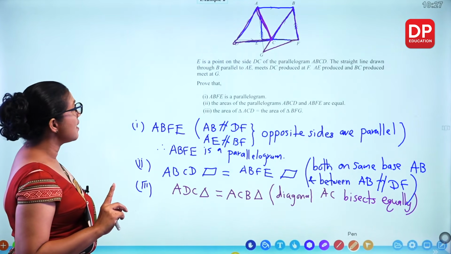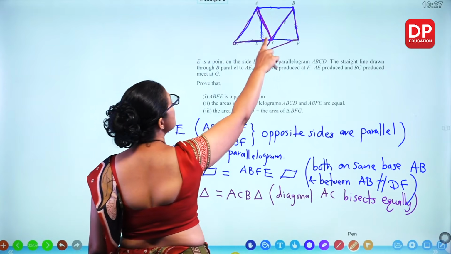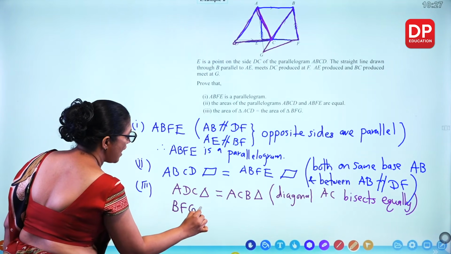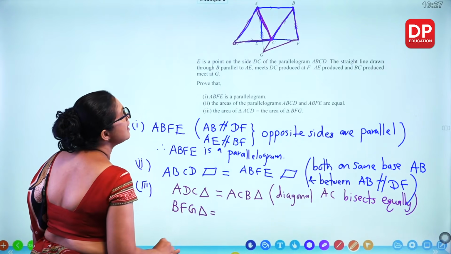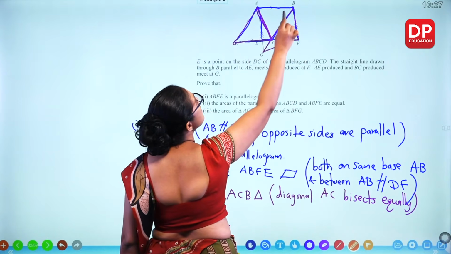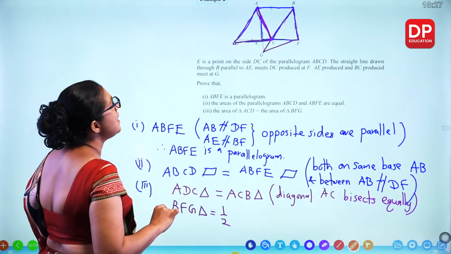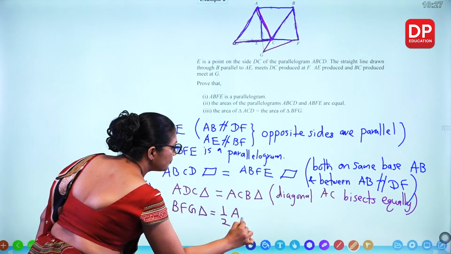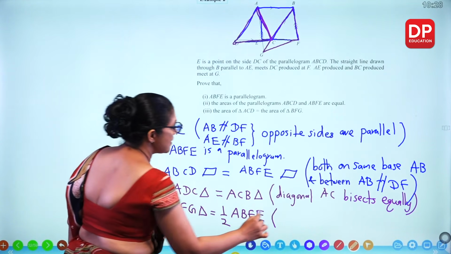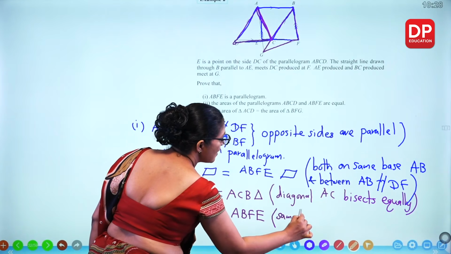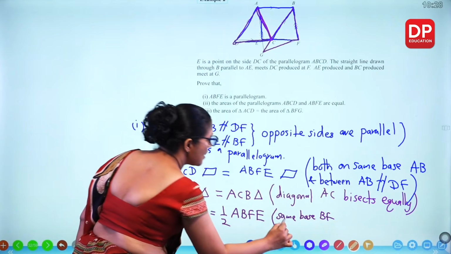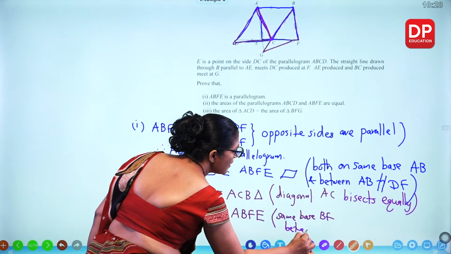So I can say the BFG triangle is exactly half of this parallelogram ABFE. What's the reason? Same base BF and in between the same pair of parallel lines.